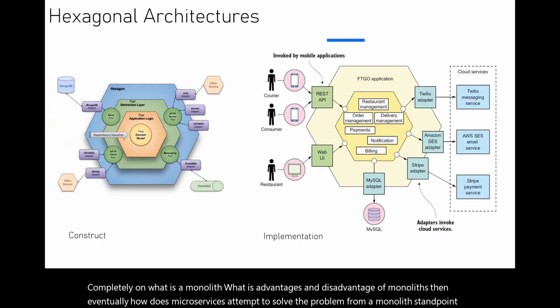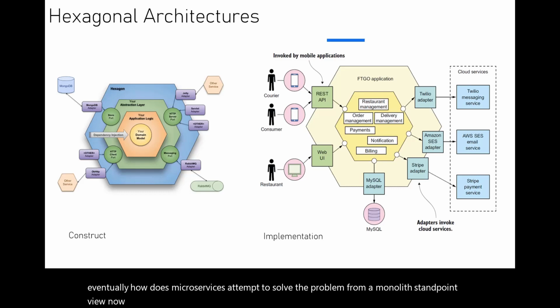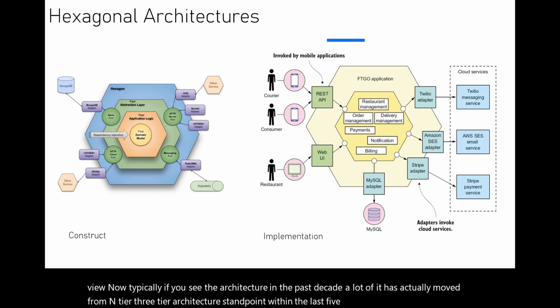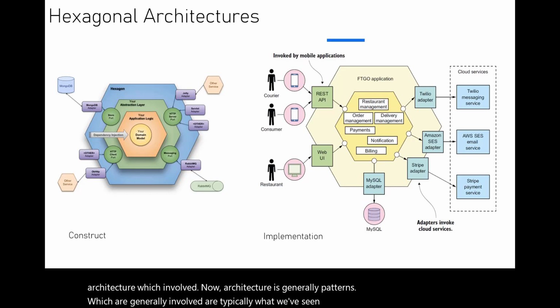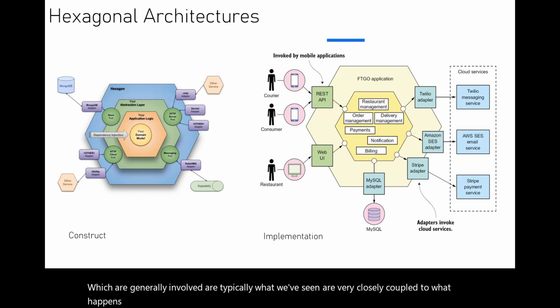Now, typically, if you look at architecture in the past decade, a lot of it has moved on from the N-tier, three-tier architecture standpoint. In the last 5 to 6 years, we've seen more architectures evolve. The patterns which have evolved are very closely coupled to what happens from a tech industry innovation standpoint.